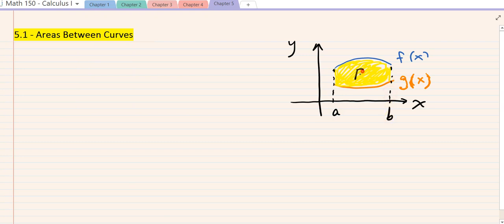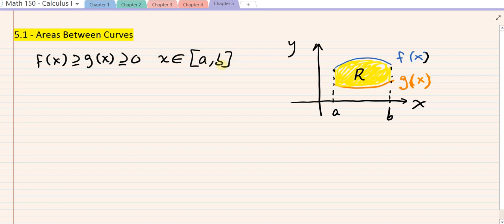The region is this region R. So f of x is the upper boundary of the region, and g of x is the lower boundary of the region. In this setup, we're going to assume that f of x is greater than or equal to g of x, and that they're both positive over an interval from a to b.